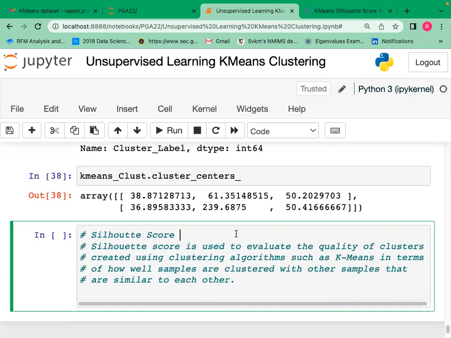The quality of the cluster formation will be known using this Silhouette score.